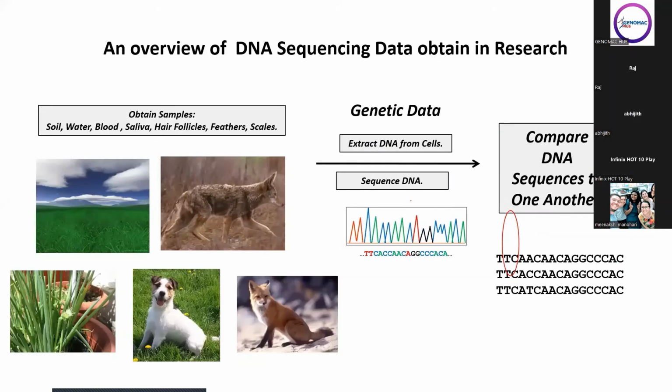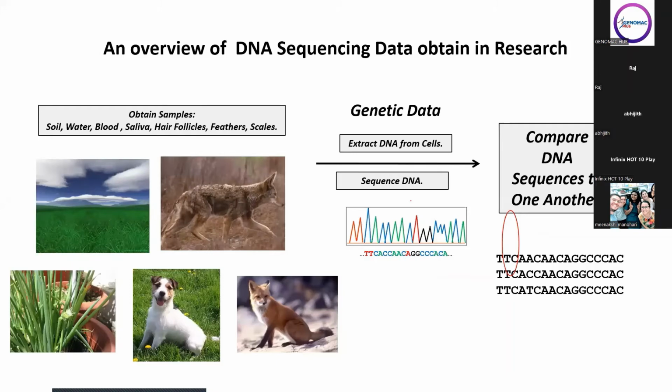This is just the general idea about how the sequencing works. Obtain the samples, like soil sample, water sample, blood, saliva, hair follicle, feathers, scales, which has the live system in it.